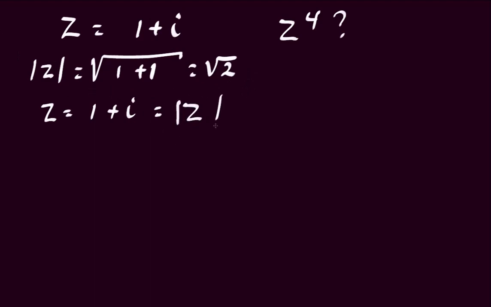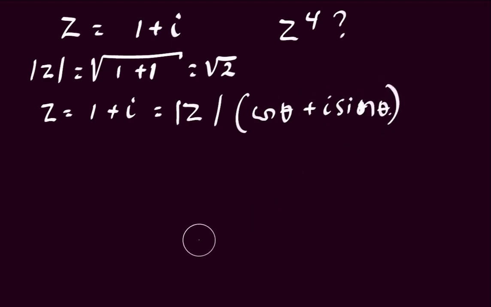So we know that it is the modulus times cosine theta plus i sine theta, and we are going to replace these terms by the values.